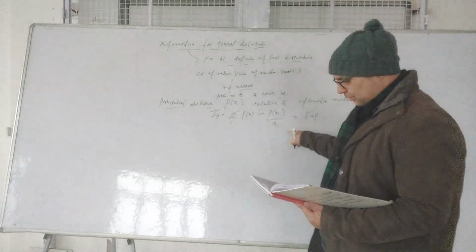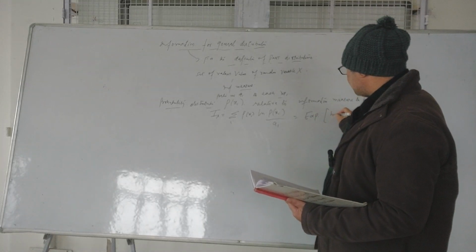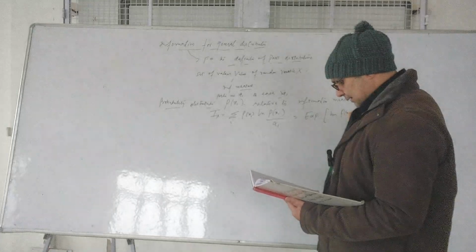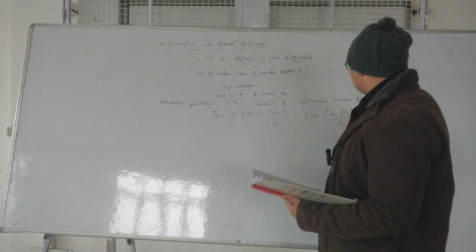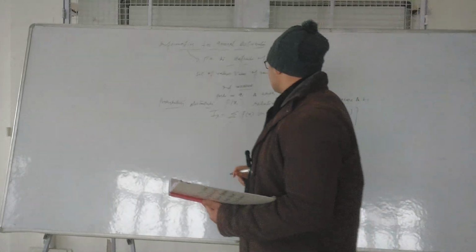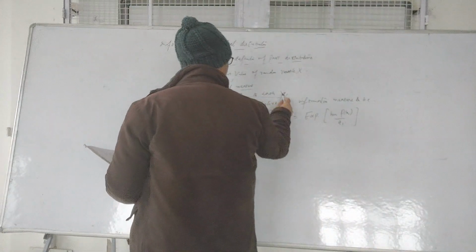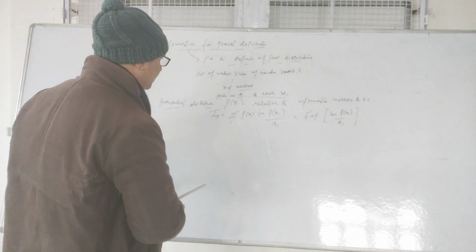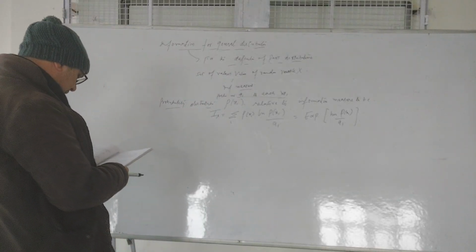So a_i is the number for each x_i. So this is how we can define this.